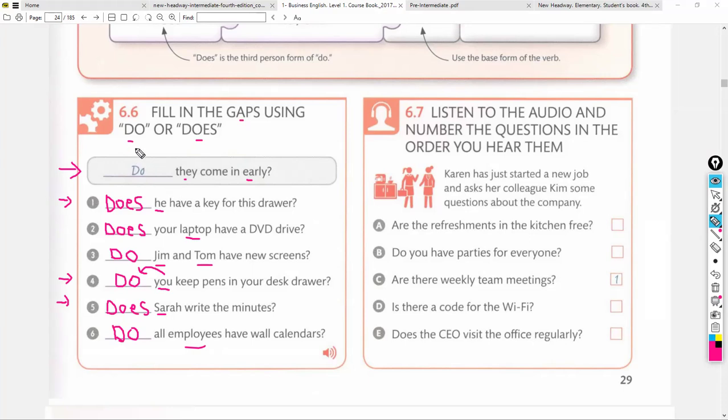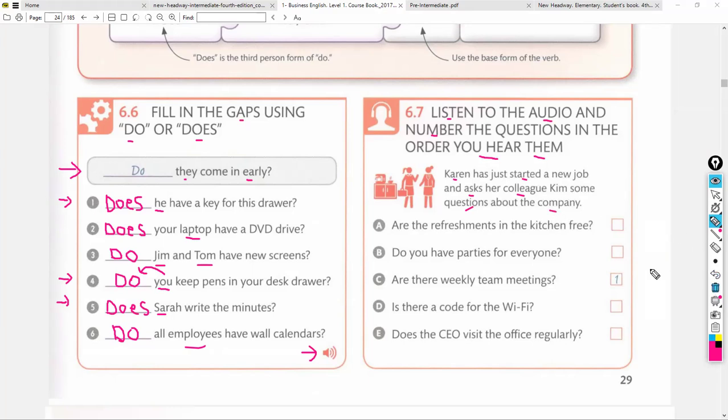So this is it. This is about the use of do and does. We don't have to listen again because everything is clear. Now we have to listen to the audio, and we have to number the questions in the correct order as you hear them. Karen has just started a new job and asks her colleague Kim some questions about the company.